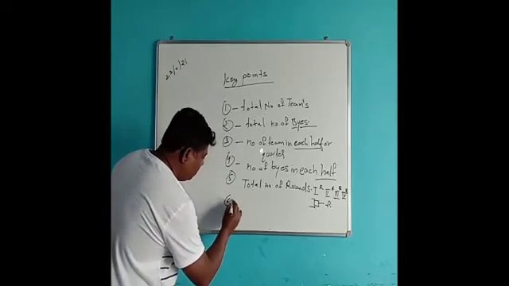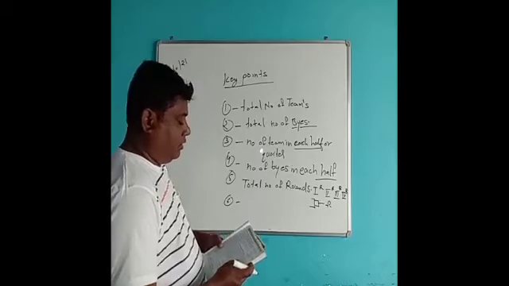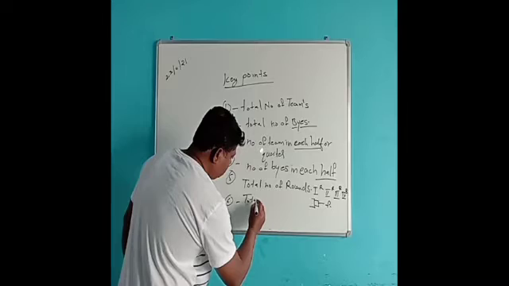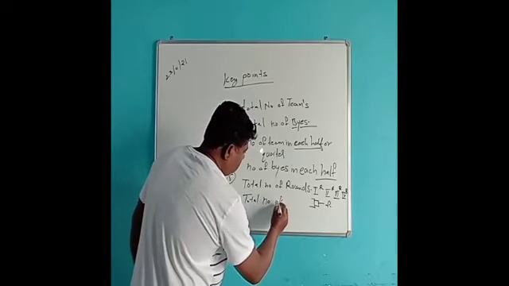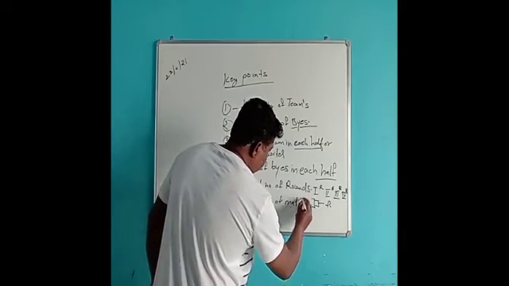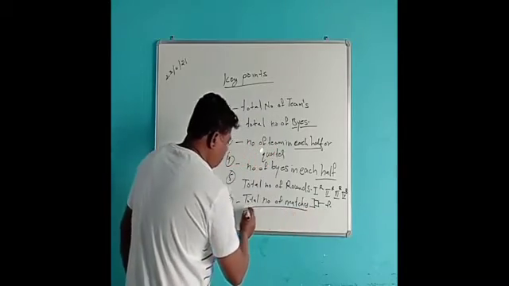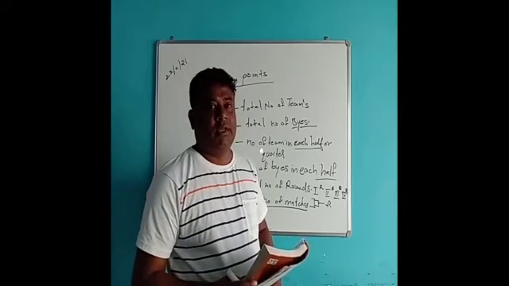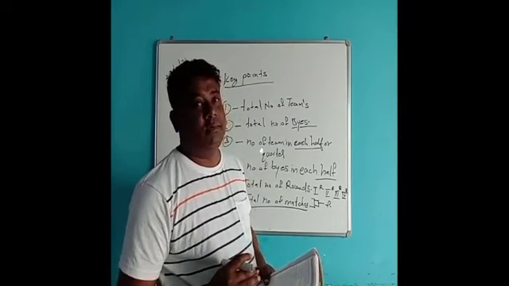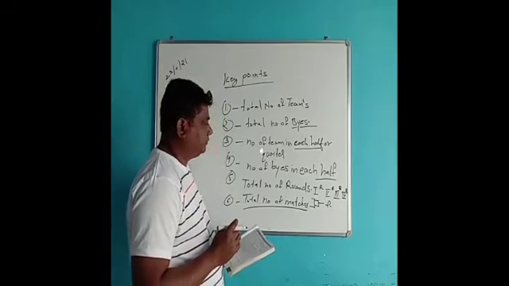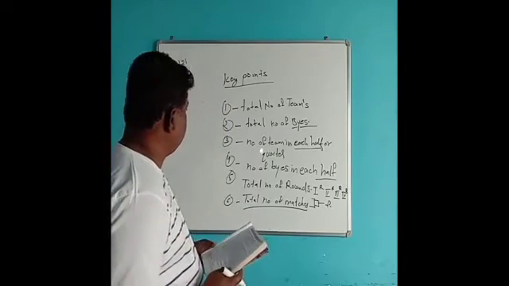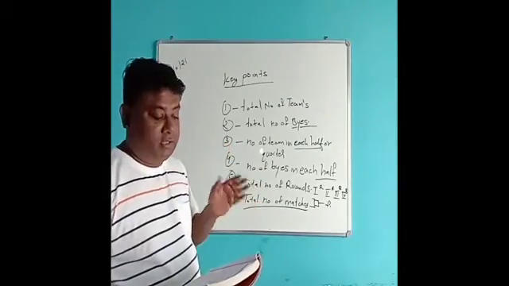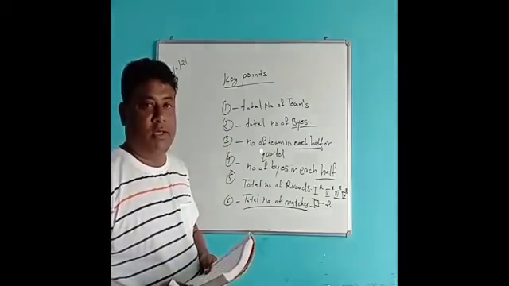And the sixth important point is the total number of matches. How can we decide the total number of matches? So these are 6 essential points for a knockout tournament.